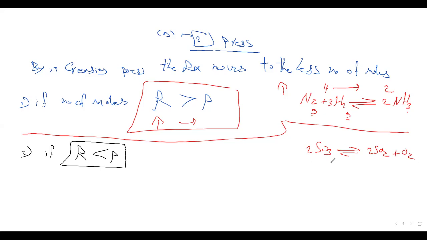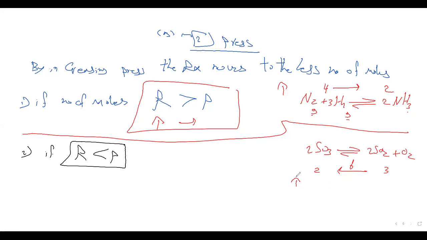How many number of moles? 2. What is the number of moles? 3. If we are increasing pressure, what will happen? It moves from 3 to 2, so it moves backwards. If we're increasing, it moves from high to low, from more to less, so it moves backward.